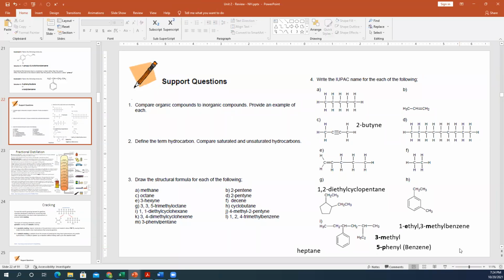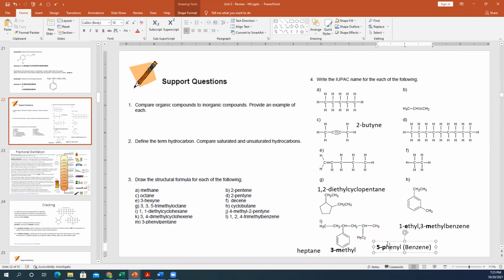So now we've got our numbering sorted out. Now, how do we put it together? Now what goes where? Is it 3-methyl, 5-phenylbenzene? Exactly, because again, we put the one with the alphabetically first.